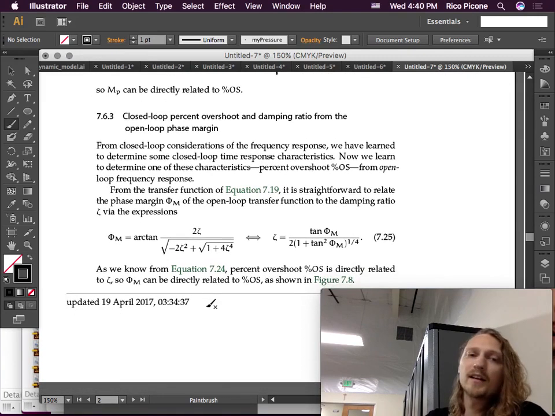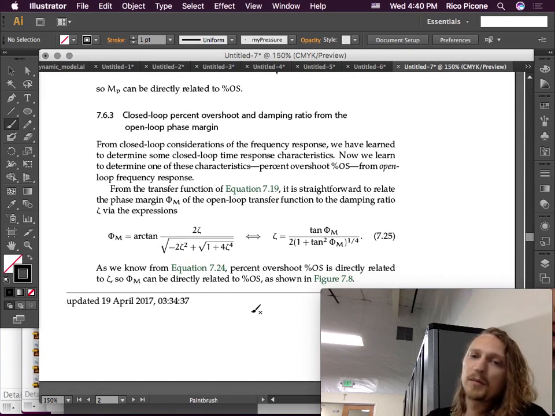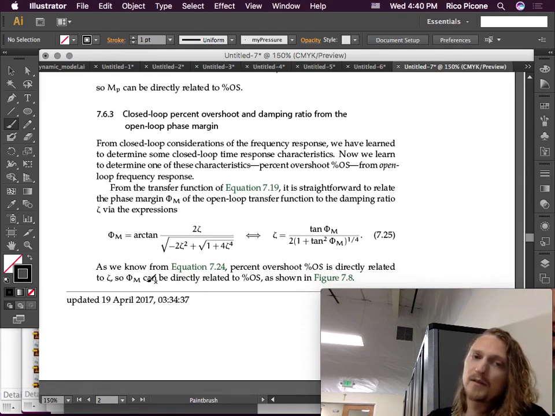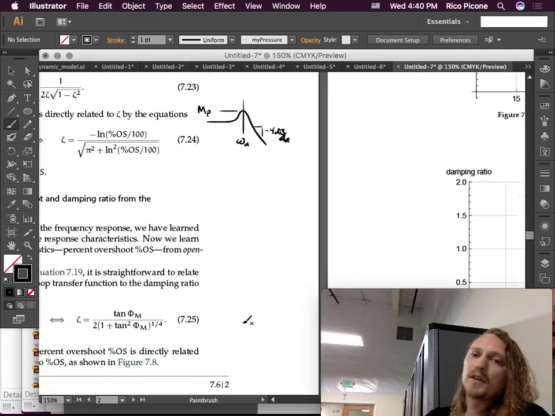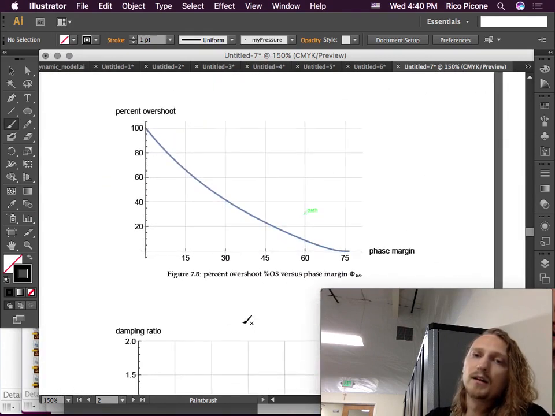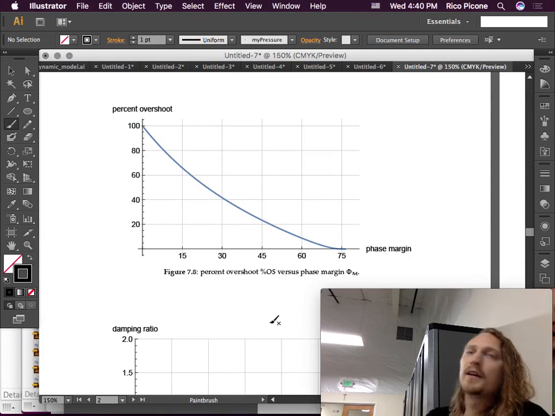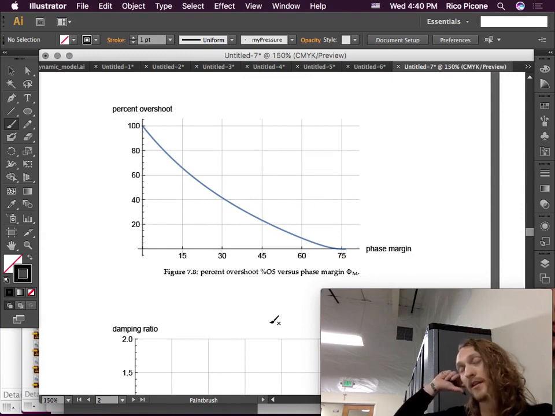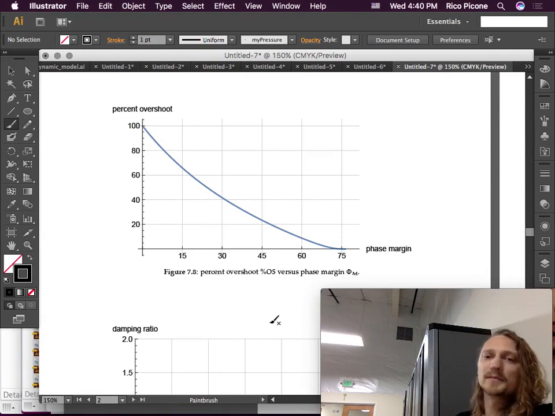in our bag. So as we know from equation 7.24, percent overshoot is directly related to zeta, so phase margin can be directly related to percent overshoot, as shown in figure 7.8. So I just went ahead and plotted the two. It's not a very sexy expression if you work it out, but you can plot them.